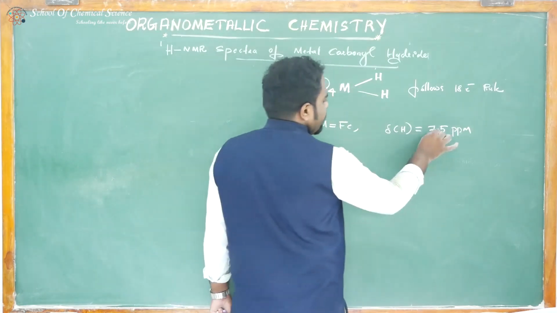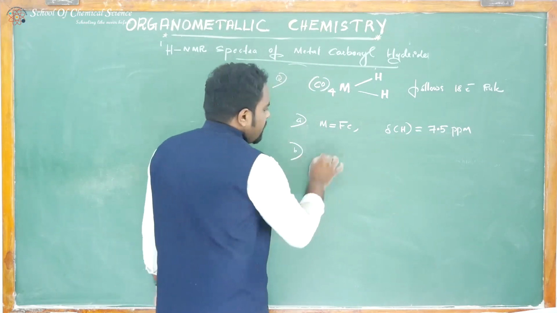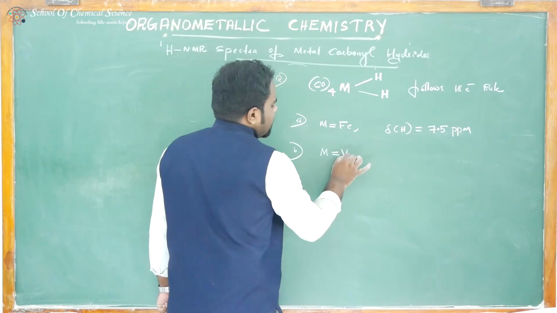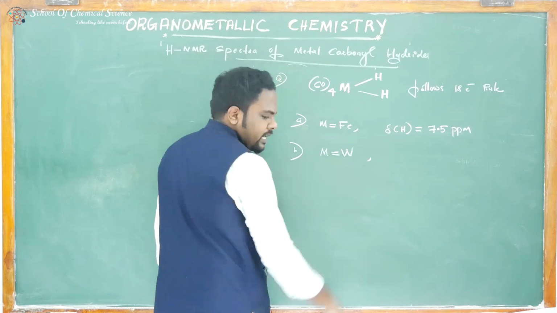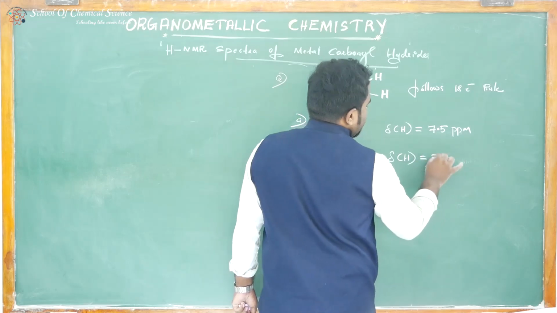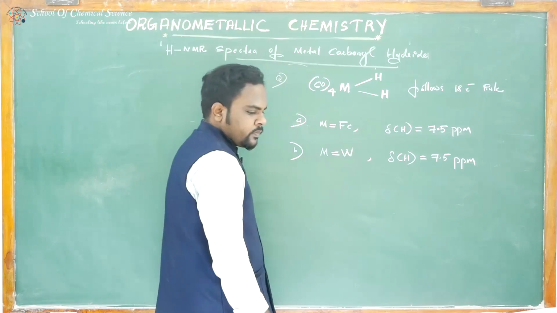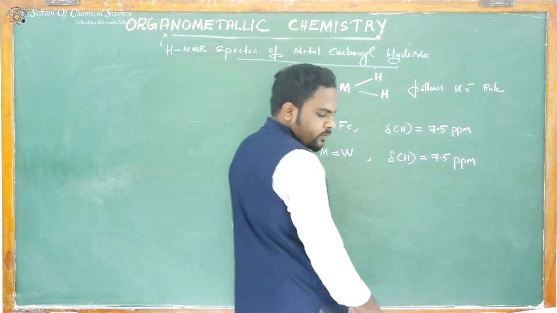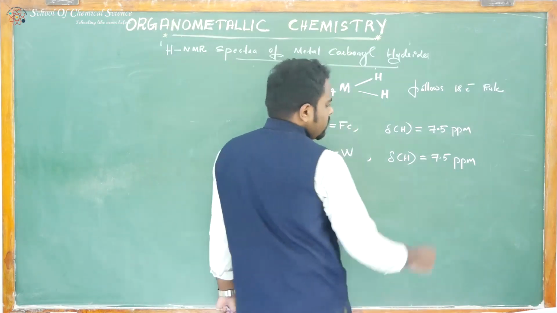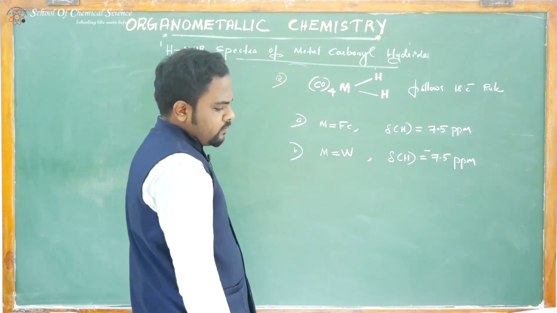Option B: metal equal to tungsten and delta hydrogen equal to minus 7.5 ppm. The data is given.